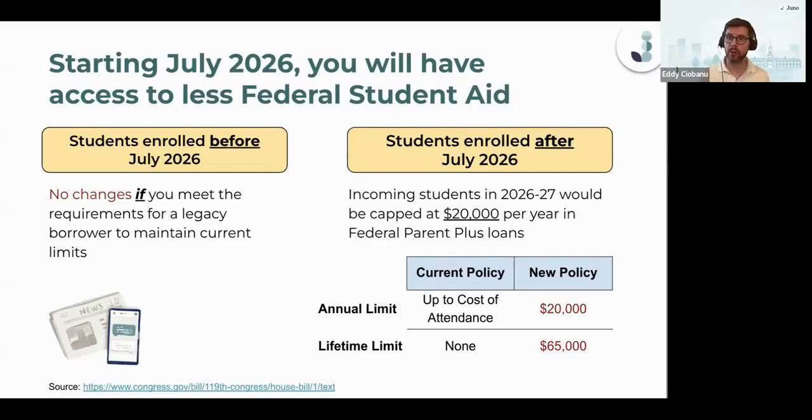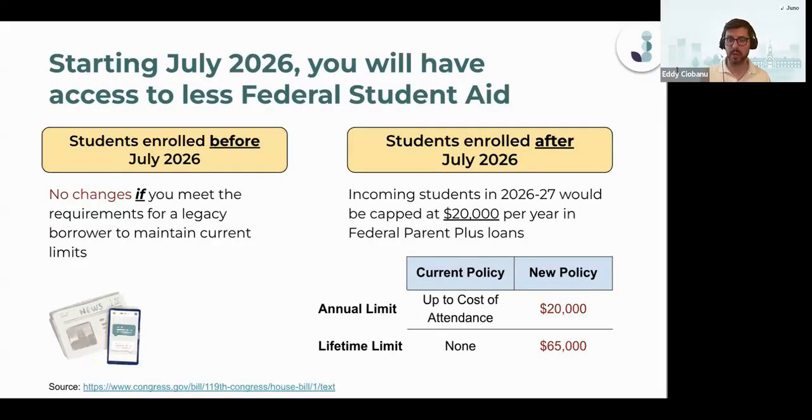If you are currently enrolled in university and you have taken out a federal direct loan in the past, then you will qualify for what's called the legacy exception. This is what's colloquially called being grandfathered in to the old terms of the loan. Under current policy, the Parent Plus program allows a parent to borrow up to the cost of attendance.